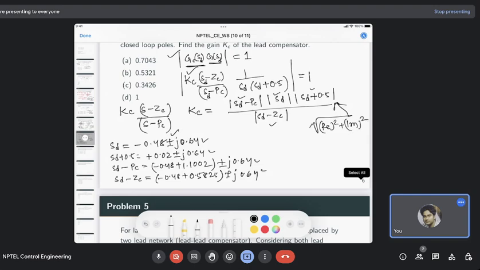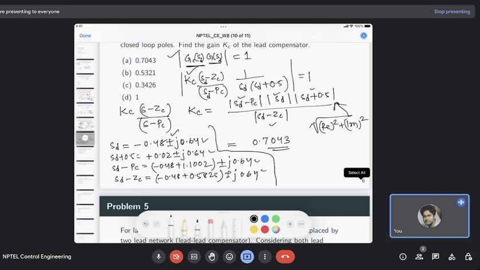It's a simple computation; I will compute using a calculator, and this results in 0.7043.